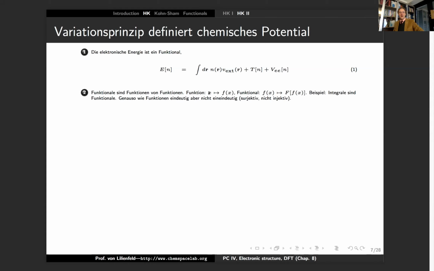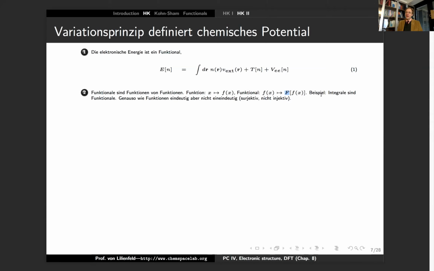So again, here functionals are functions of functions. A function typically maps a variable towards its function value, and a functional would map the entire function to a value, capital F here. You write this with a square bracket. Integrals are functionals.